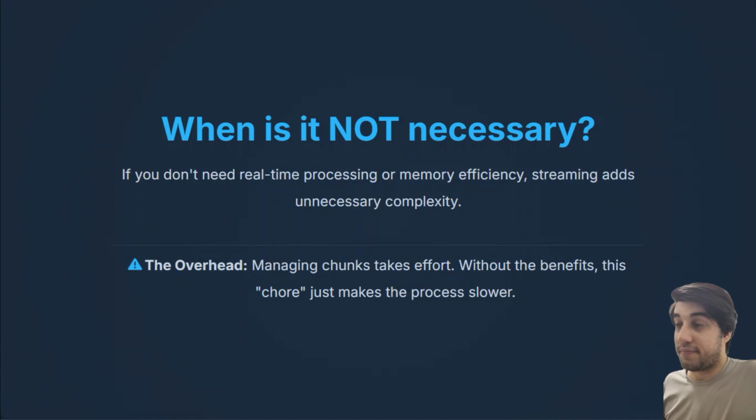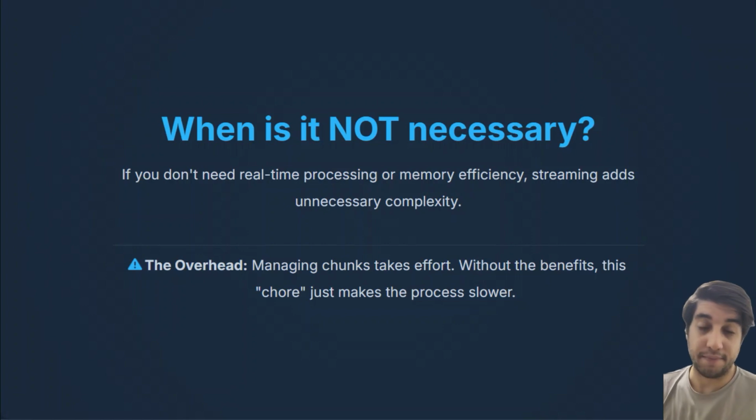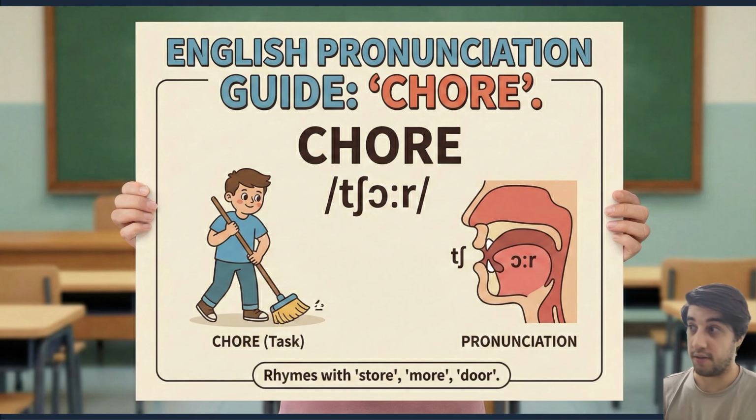So that's the water and bucket analogy, right? I like that. Again, when we're not using streaming, that's important: the overhead of managing chunks takes effort without the benefits. This just makes the process slower. Hopefully I'm pronouncing sure correctly. I think it's sure or chore, I don't know.